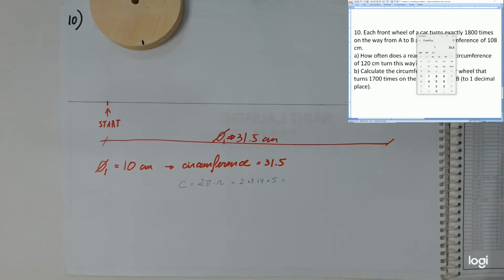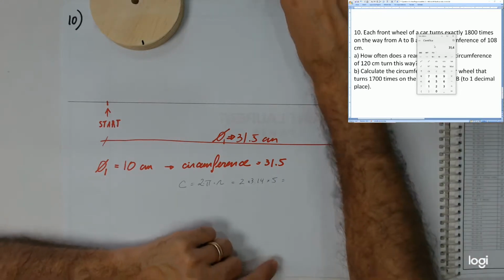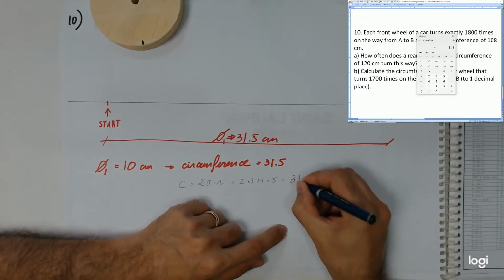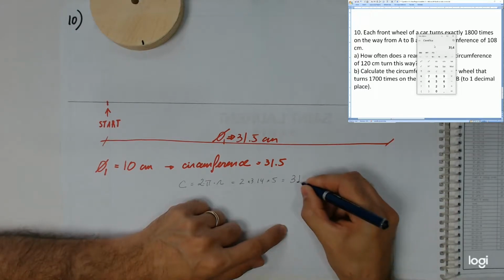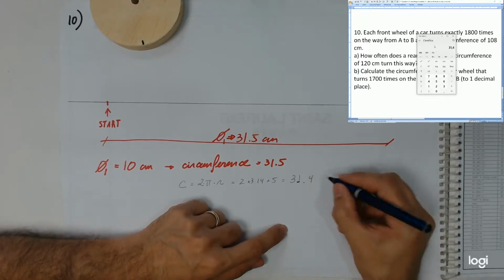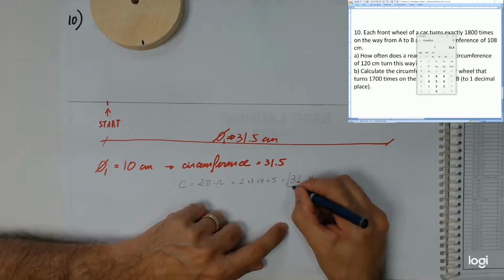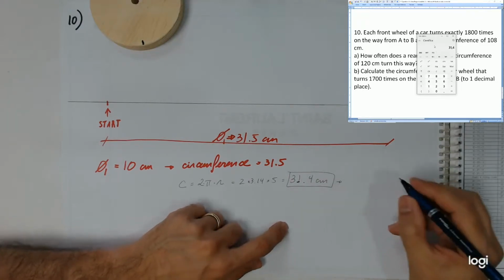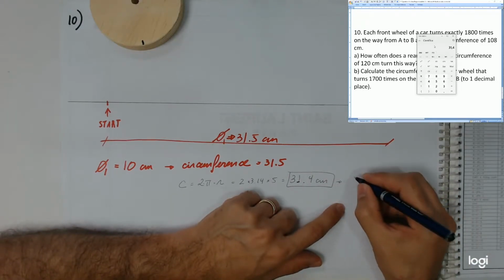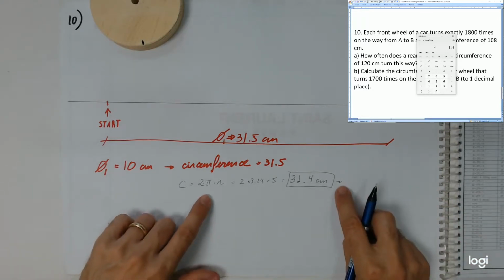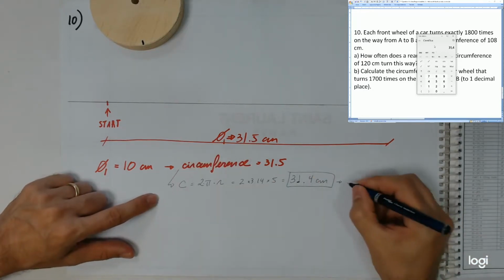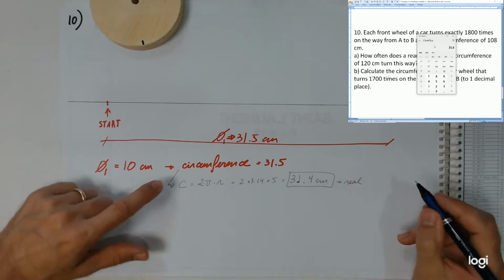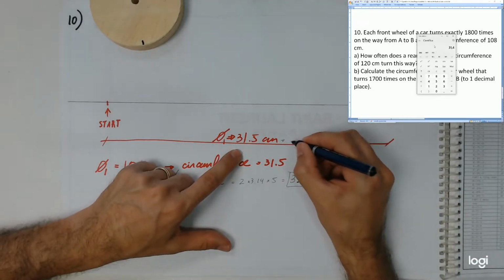We ended up with a very good result, 31.4 centimeters. This is the real measurement of the circumference, and this is experimental.